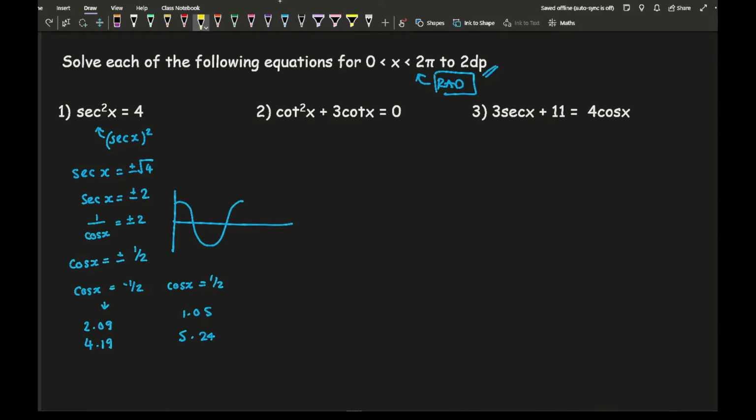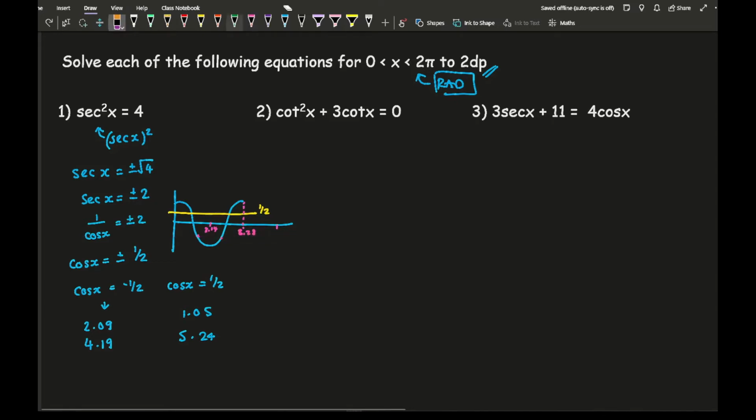So here we're looking for where it was a half, looking for those values, and where it was minus a half, we're looking for these 2 values. And again, if you are using the graph rather than the CAST method, it is important that you recognize that this point here is going to be 3.14 and this value here is going to be 6.28, just so that you gauge an idea of where it should be.